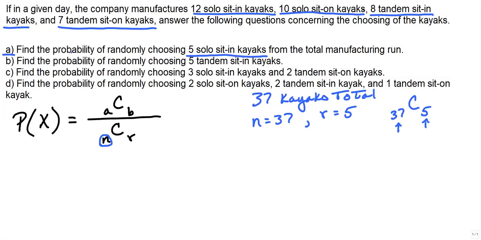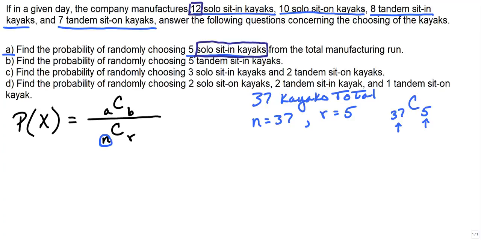So part A says find the probability of randomly choosing 5 solo sit-in kayaks. Solo sit-in kayaks. And that's going to be important because we need to know how many solo sit-in kayaks were manufactured. We realize that that's going to be 12 right here.